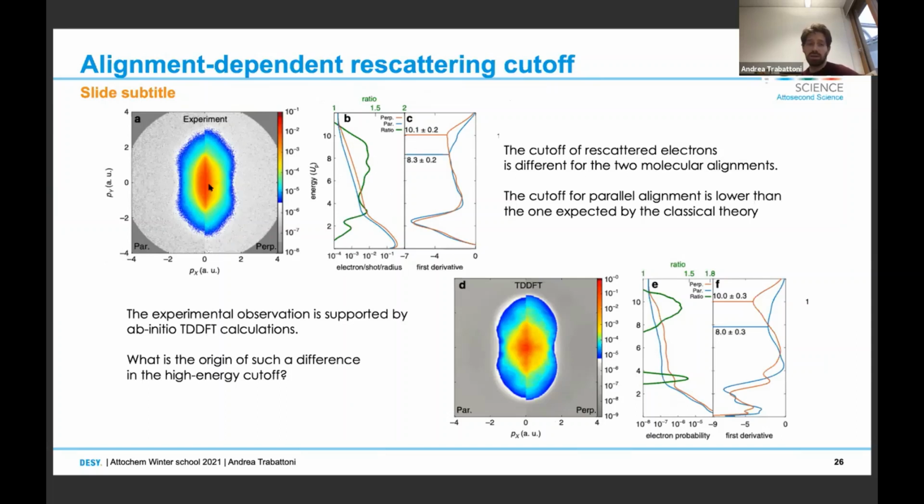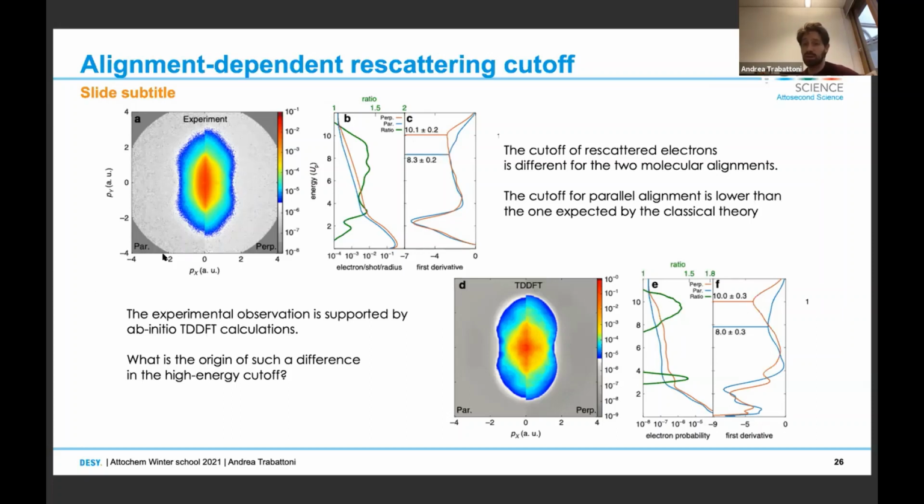And by plotting the distribution and calculating the cutoff as the change of slope in the distribution, you can see that for perpendicular alignment, as expected by the classical model that I showed you at the beginning, it is at 10 Up, while it is strongly reduced in the case of parallel alignment.